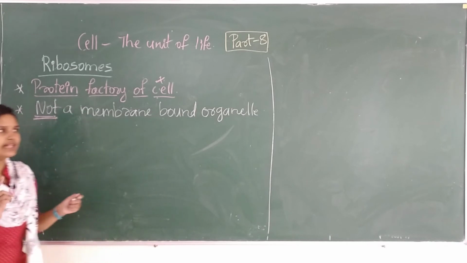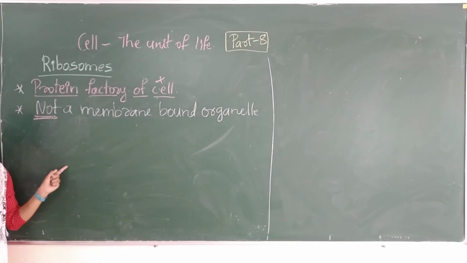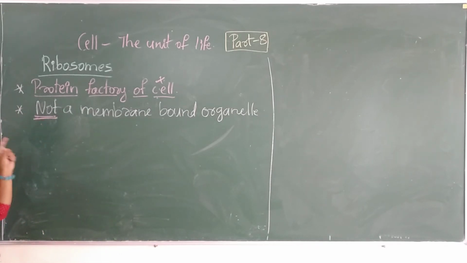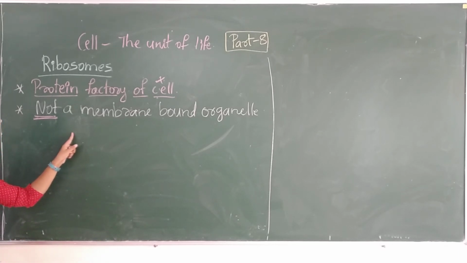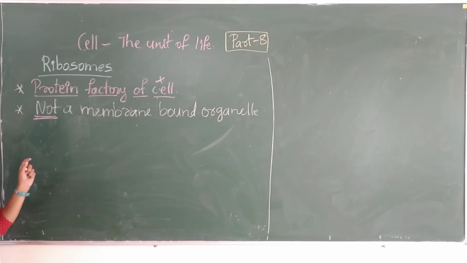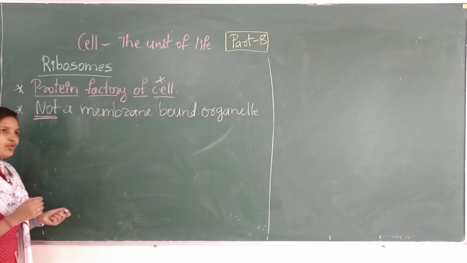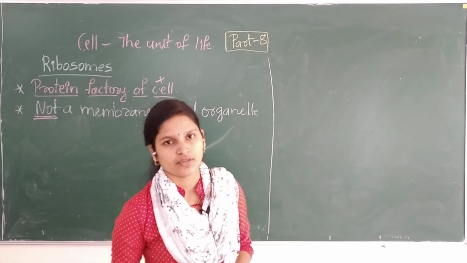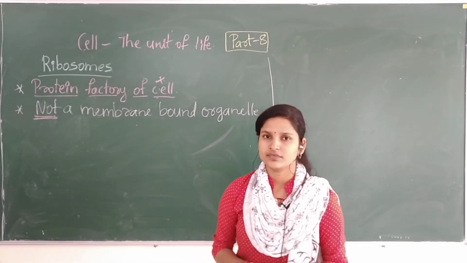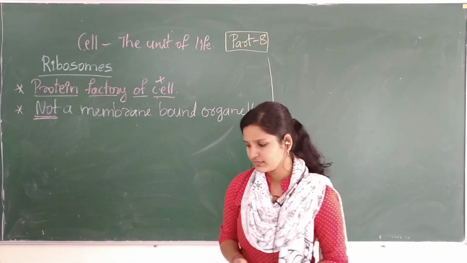So remember that ribosomes only we are going to study. Ribosomes are dense structures, not membrane bound organelles, found in the cytoplasmic region of the cell. So tell me whether prokaryotes have ribosomes. Prokaryotes have ribosomes.